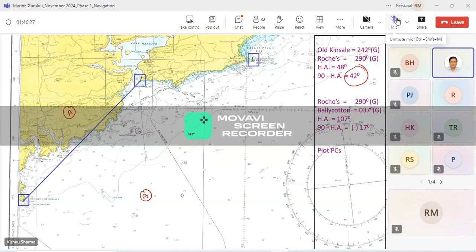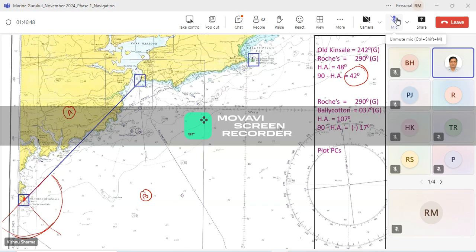Now, some of you may have a doubt how to use the protector also. So I don't want to unnecessarily leave anything to chance. You'll take your protector and put the D here. Half will be on this side, half on this side, and the D will be put on the side on which you want to draw the angle.